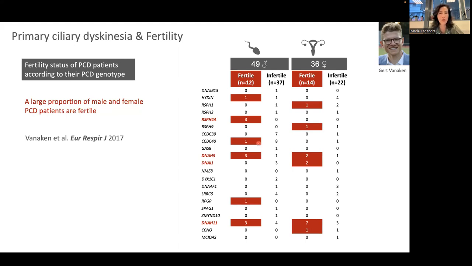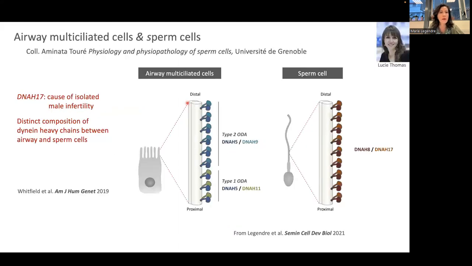So we wondered why, and we tried to explore this issue. A part of the answer came from the implication of DNAH17 in male patients who only have isolated male infertility and no lung disease.